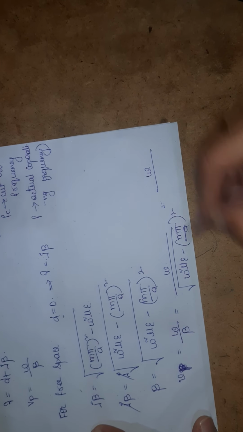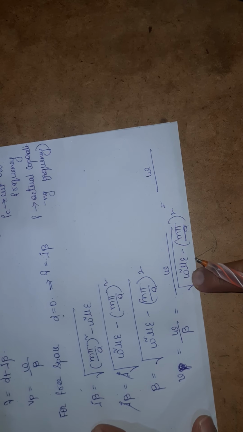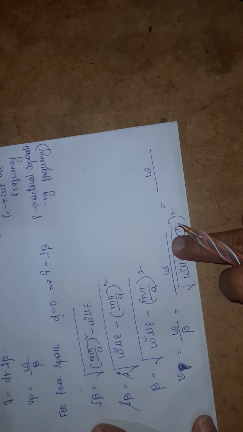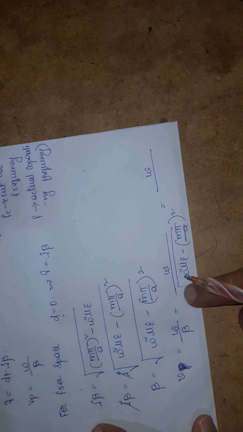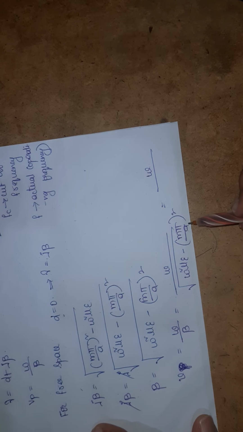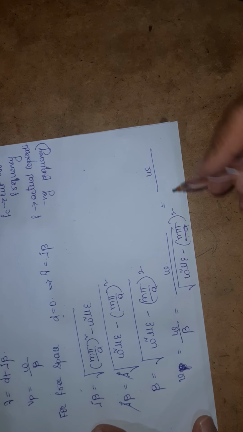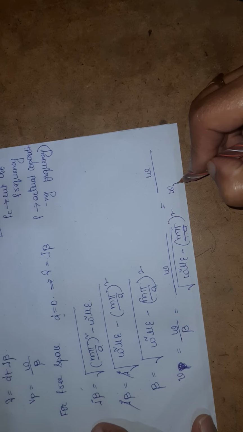Next take out omega common, and if I take this out from the root, I will get omega. Here you have to take out omega square common inside. If I take omega square common, I will get omega square here. Next I am bringing omega outside of the square root such that I will get omega, and that omega will get cancelled.